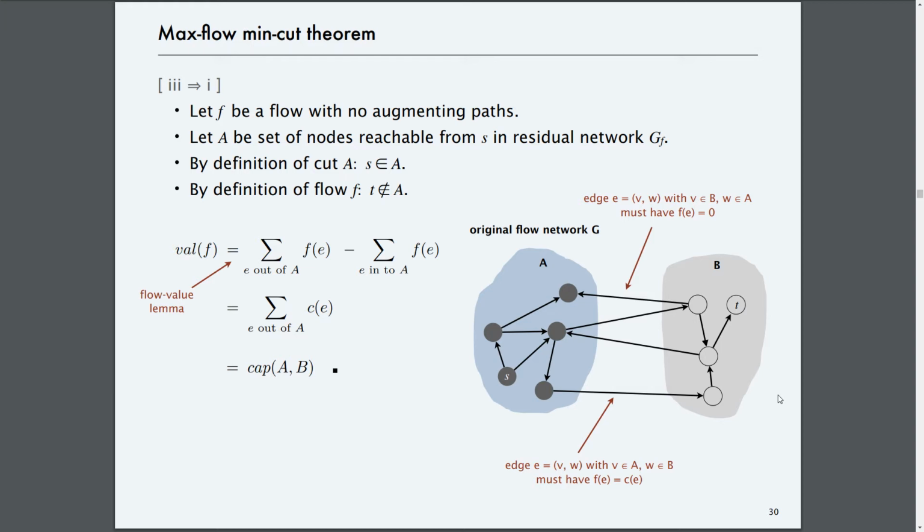If we have a back edge here, we could have back edges as well, and then we cannot reach some of the nodes. So by the definition of a cut, s must be in A, and by the definition of flow, t is not in A.